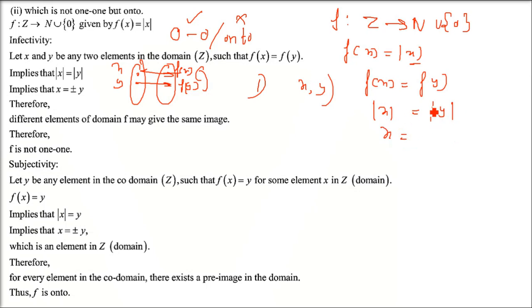When you equate it, what are you going to get? There are 4 options: plus, plus; minus, minus; plus, minus; minus, plus. So let us combine the plus minus. So x is equal to plus minus y. That is, for a single x you have multiple y, or for a single y you have multiple x. Both ways you can say. This is not 1 to 1.